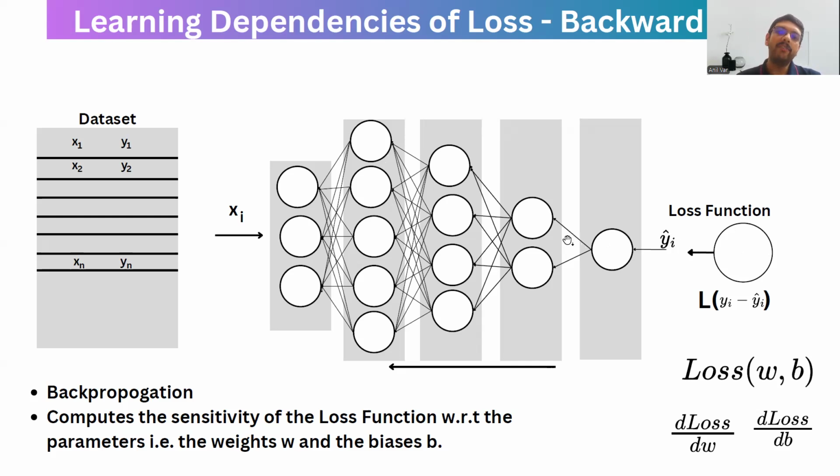Then you keep moving that further and further back. So it's called a backward pass, where you have the sensitivity of the loss to the output, then the sensitivity of the output to the weights in this node, then the sensitivity of the output of this node to these two nodes, and so on. So the sensitivities are passed backwards using what is called the chain rule in differentiation.